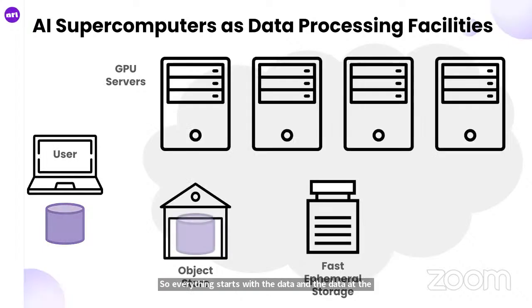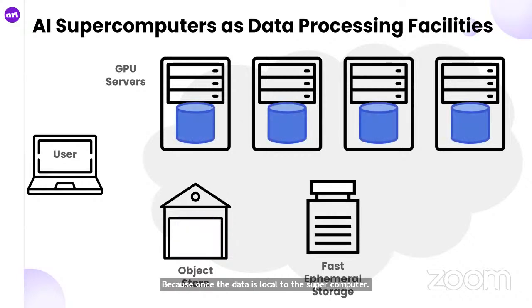And the first step is to bring the data close to the GPUs, typically an object store or some fast storage that will be local to the GPUs, because once the data is local to the supercomputer, it needs to be loaded onto the GPU servers, onto the memory, and then onto the GPUs, at which point that data is going to be processed by the GPUs.